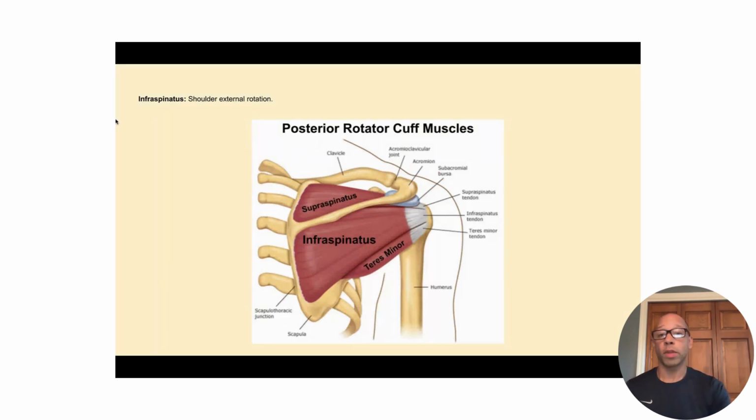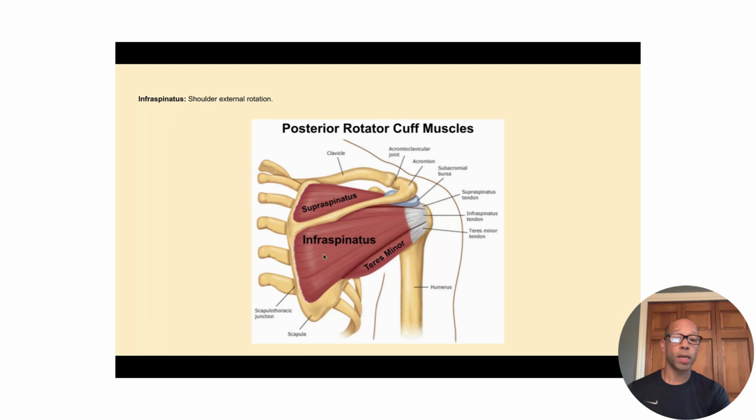Okay, so if we look at these, the one that we're concerned about right now is the infraspinatus. There are 4 rotator cuff muscles. The infraspinatus is the one that we're looking at. This is the bigger one, and infra means below, supra means above.